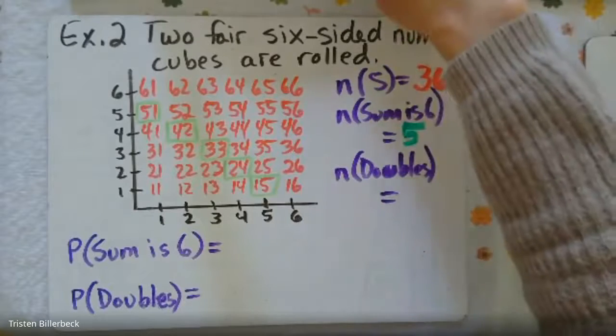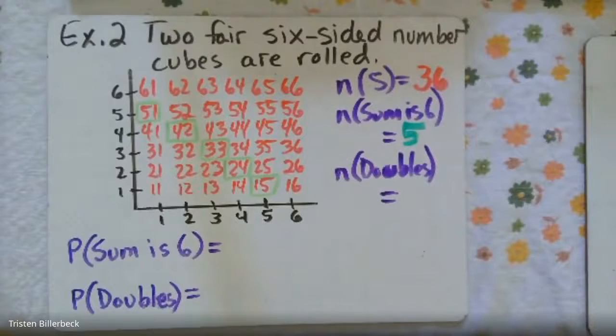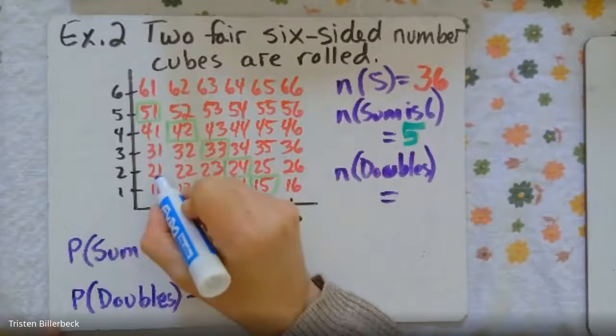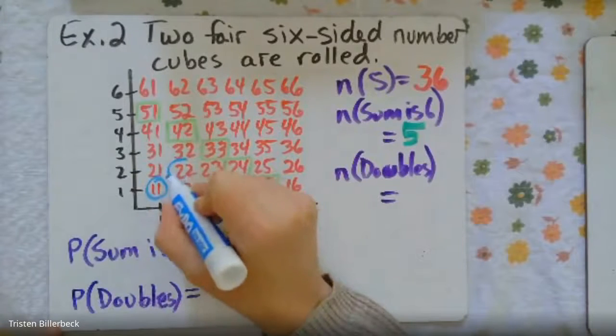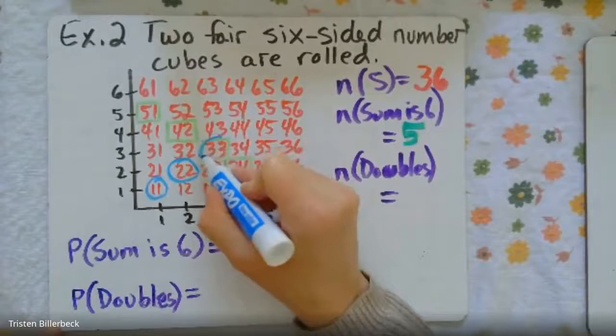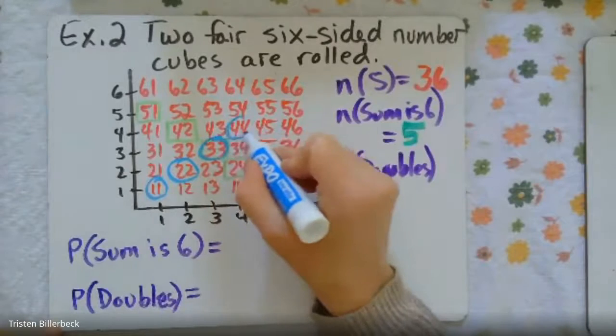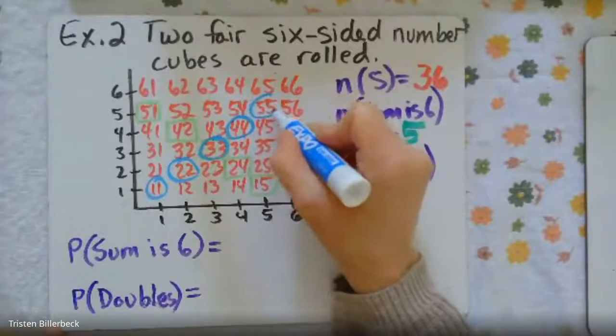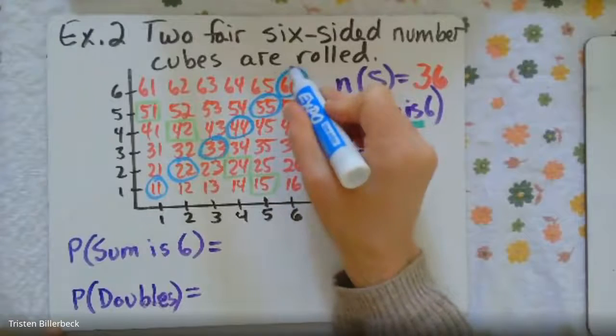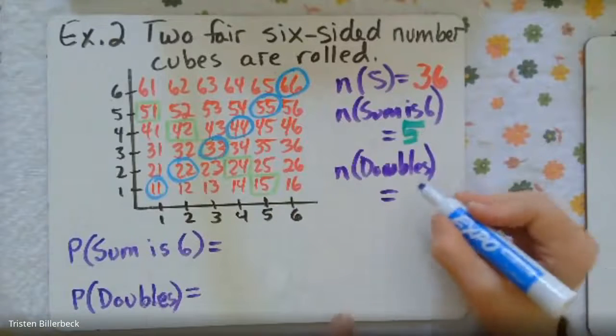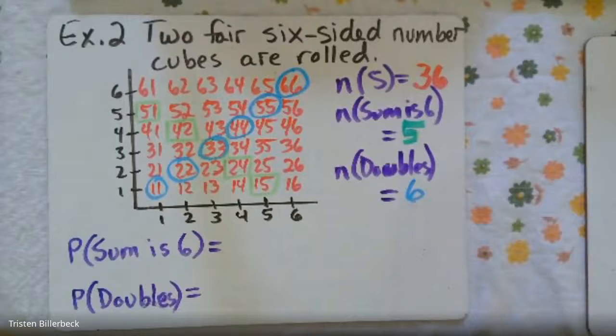All right, if we're going to look for doubles, doubles we have right here: 1, 2, 3, 4, 5, and 6. So there's 6 doubles.